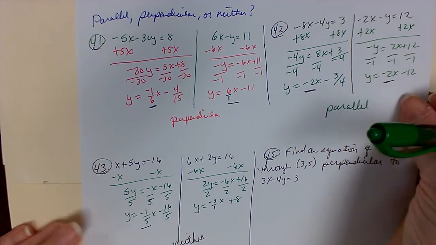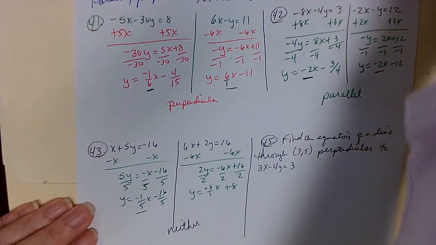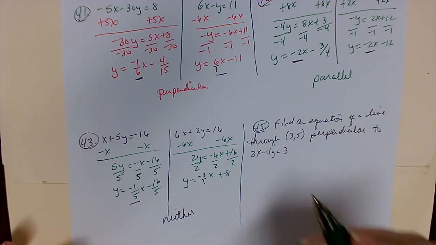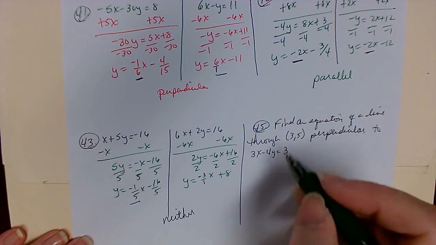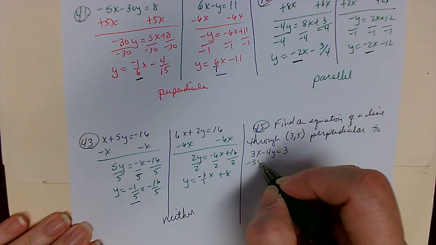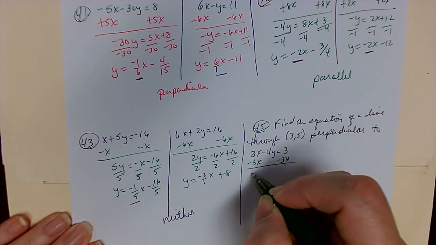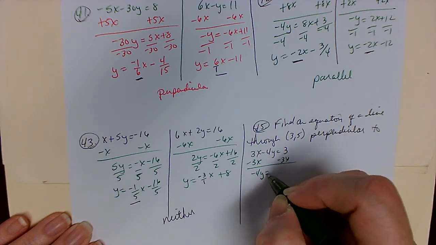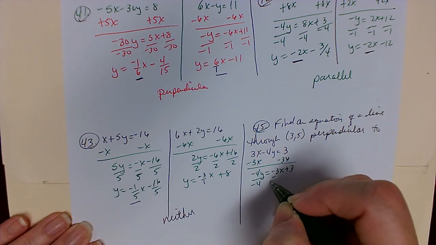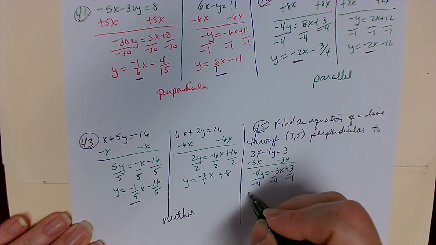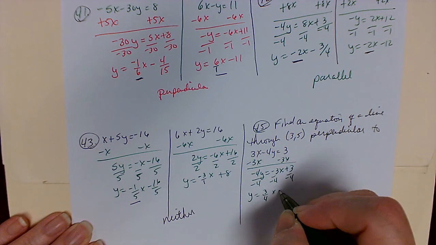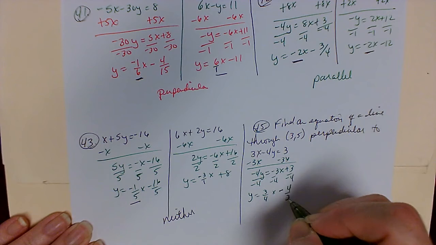So our last problem for this video is to look at finding the equation of a line through this point and perpendicular to this equation. So if it's perpendicular to this, we need to solve for y to get the slope for our equation. So minus 3x will get us negative 4y is equal to negative 3x plus 3. Divide each term by negative 4, and y is equal to positive 3/4 x minus 4/3.